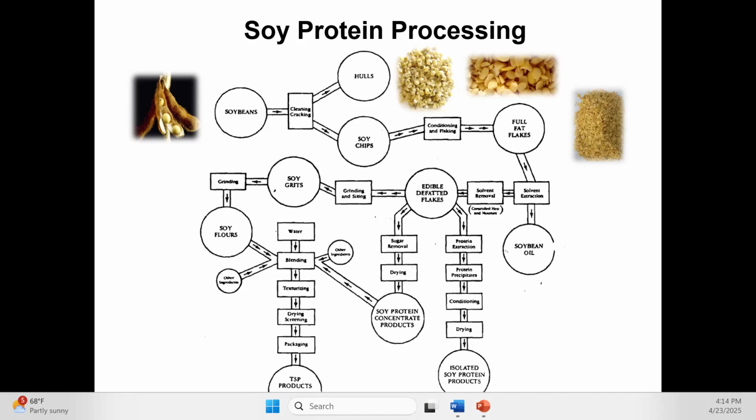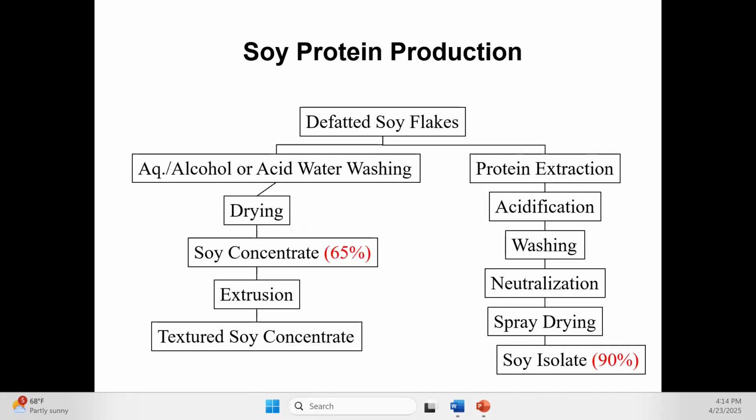The isolate goes into alkaline extraction, precipitation, cleaning, neutralization, pasteurization, and drying, and you get the isolate. You've seen this in the protein extraction lecture, so I'm not going to repeat that.